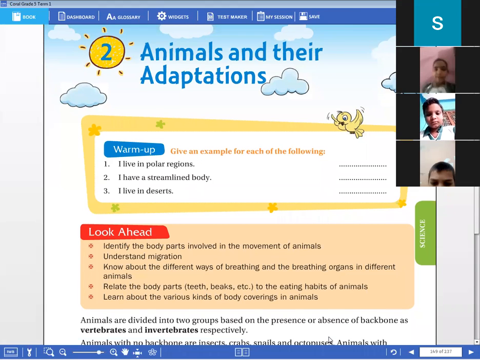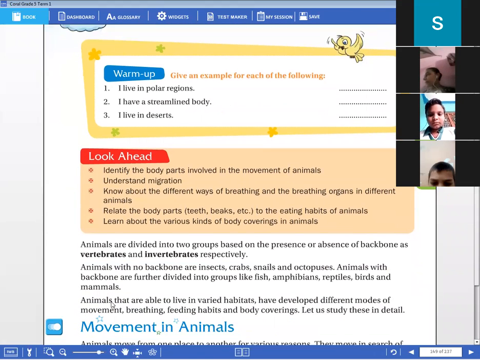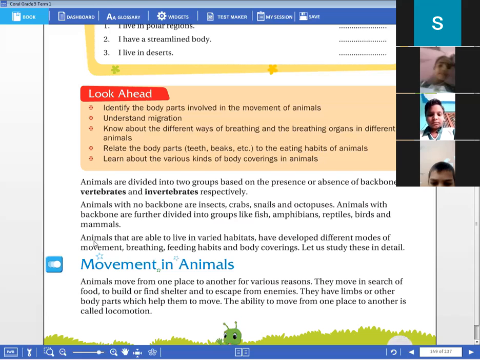Okay. Let's go to the topic. Animals are divided into two groups based on presence or absence of backbone as vertebrates and invertebrates respectively. Children, you have to notice two points here.